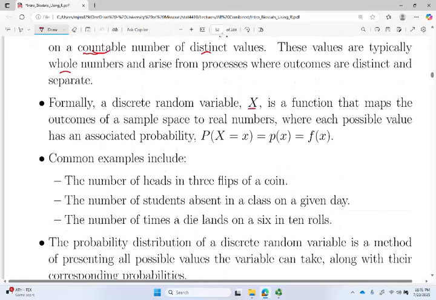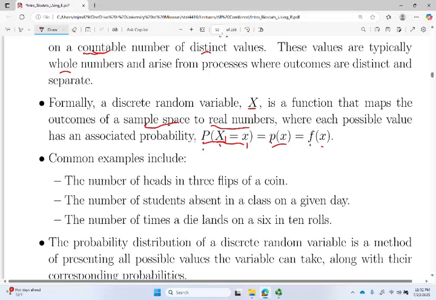Formally, a discrete random variable X is a function that maps a sample space to the real numbers. Now, we associate probability with each outcome. Notationally, it's the probability that our random variable takes on this value x. If the random variable is understood, you can leave it off and just say the probability of x, and sometimes that's capitalized, sometimes it's not.